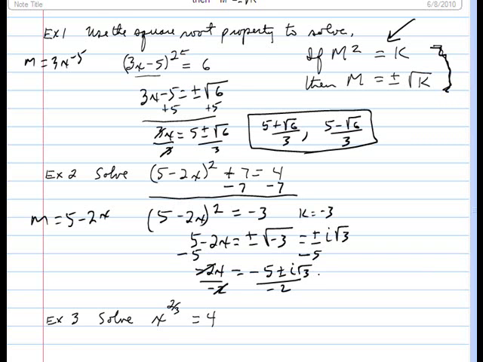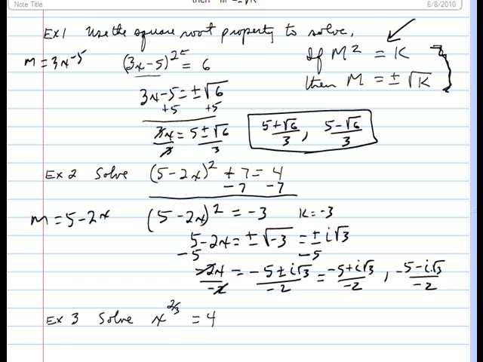I can break it, however, into two different solutions. I could call it negative 5 plus i square root of 3 over negative 2. Or I could call it negative 5 minus i square root of 3 over negative 2. And I could factor negatives out of the top on that second one.